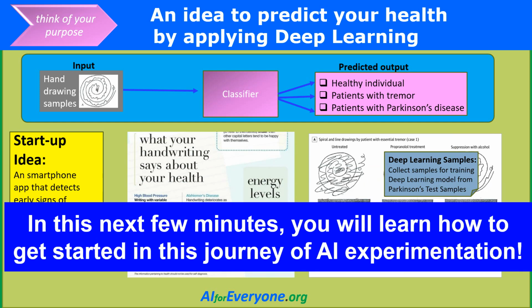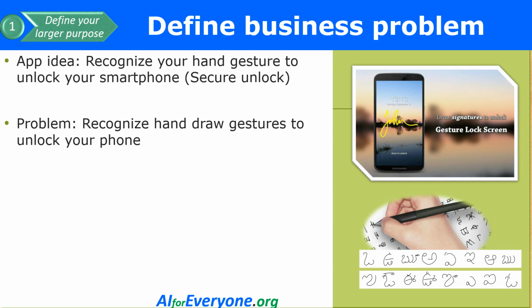In this video, we will begin this journey of experimenting with how you actually define a deep learning project that looks at handwriting. A simplified business problem needs to be created.